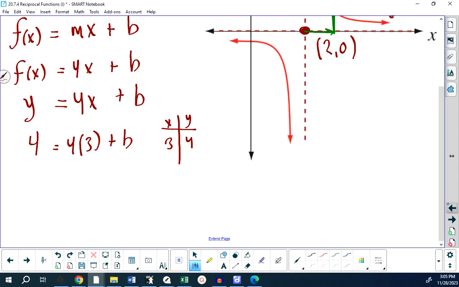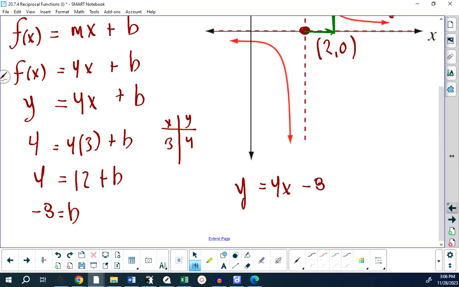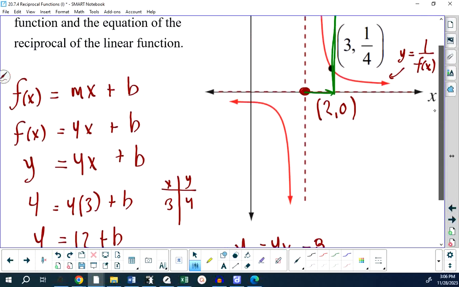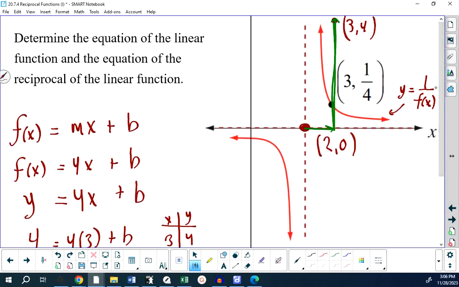You have 4 equals 12 plus b. So b is -8 when we subtract 12. The equation then is y equals 4x minus 8. How many of you already figured out that the y-intercept was -8 by following this backwards in the opposite direction? Could do that. Down 4 over 1, down 4 over 1, you hit the y-axis.